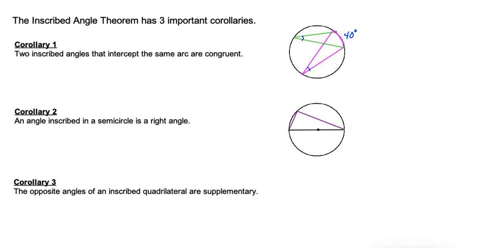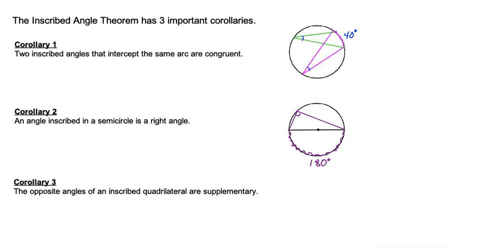This angle that's illustrated has this intercepted arc, and that's half of a circle, so a semicircle, so it's 180 degrees. So it follows directly from the inscribed angle theorem that this would be a right angle if it's inscribed in a semicircle, because half of 180 is 90.